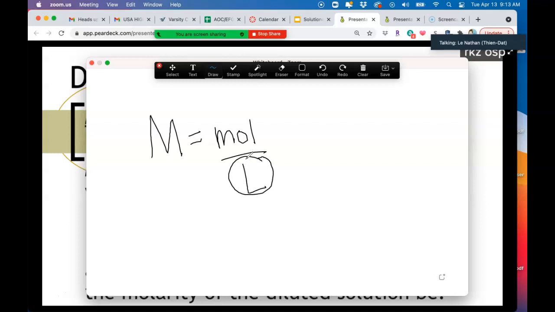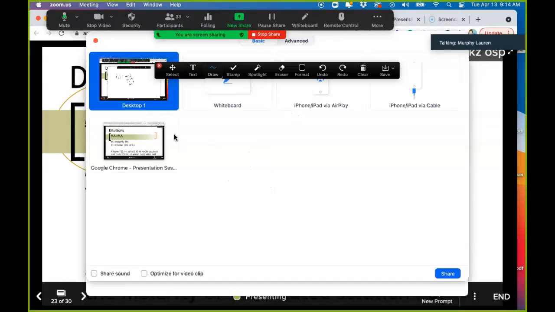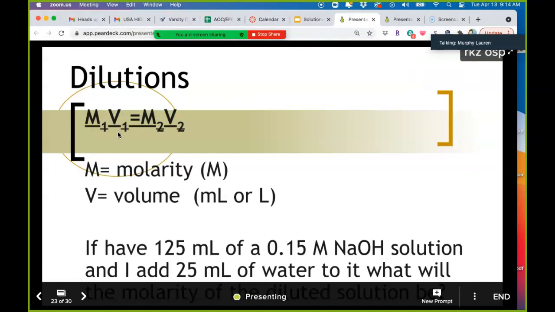So this equation right here that we've been using so far has to have liters. There's no exceptions. Always liters. The dilution equation can use liters or milliliters.